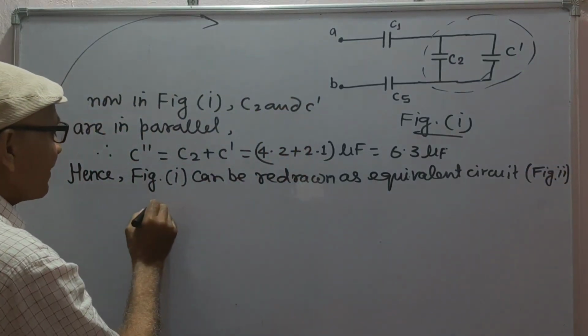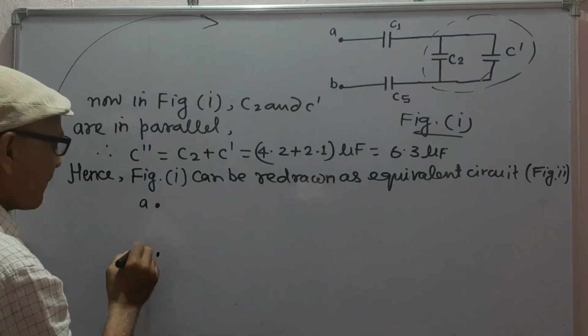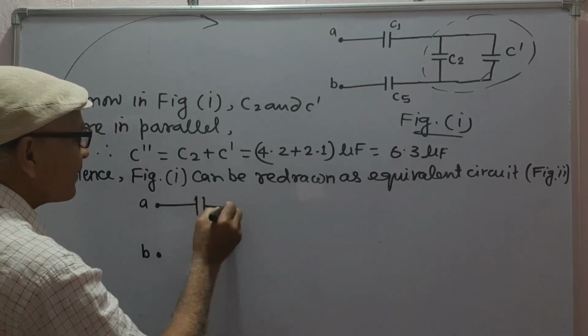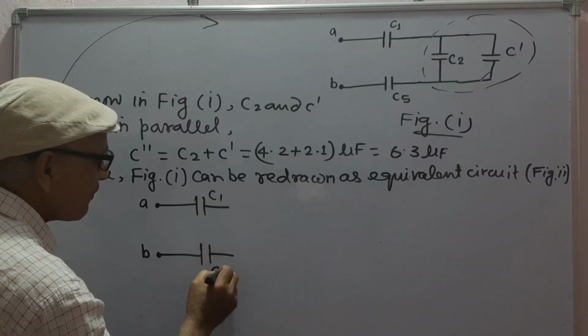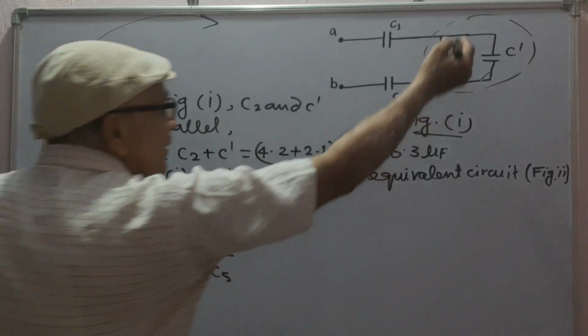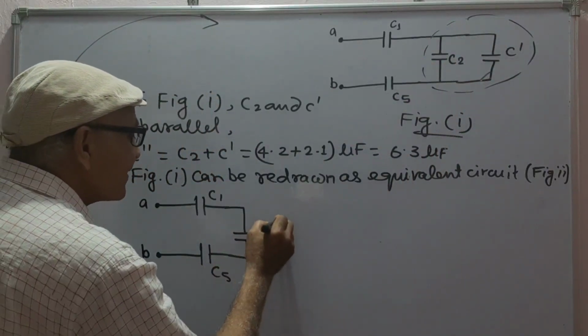Means this is A, this is B, C1, C5, and their resultant is C double dash, C double dash.